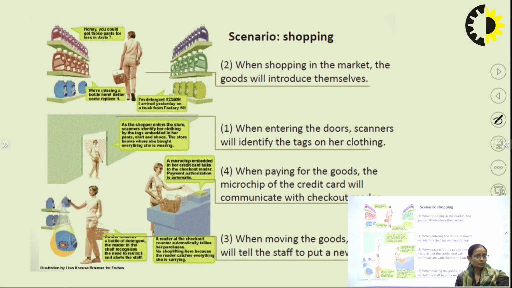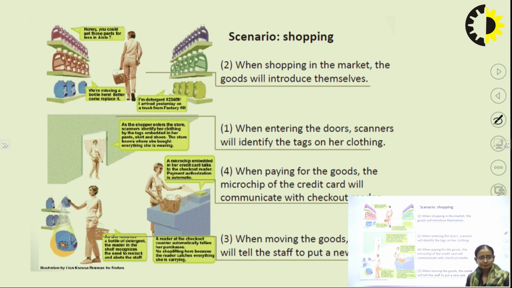Another thing, when shopping in the market, the goods will introduce themselves. This is another application which can be implemented in a shopping mall: when you visit a rack, the items on those racks introduce themselves, saying, okay, I am so and so product, and so on. Similarly, when you are moving the goods, the reader will tell the staff to put a new one.